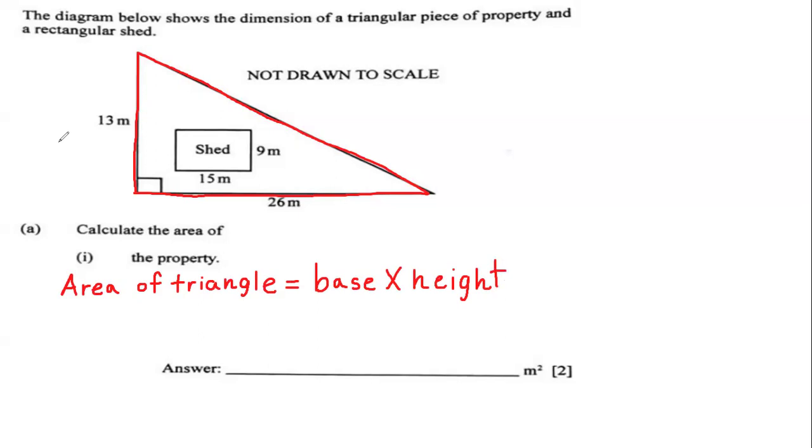So base times height, and then we're going to divide that all by 2. Or like some people say, half base times height.